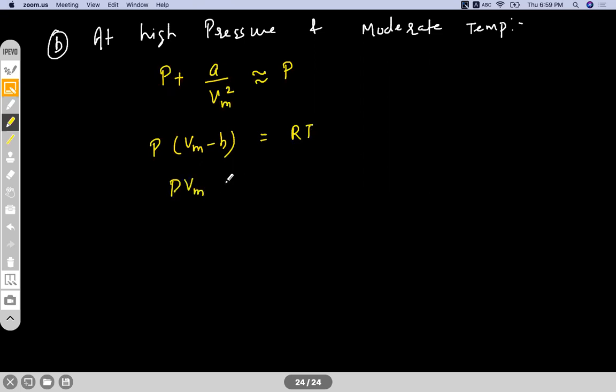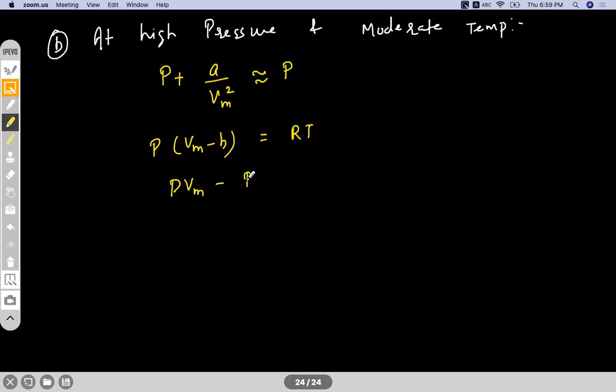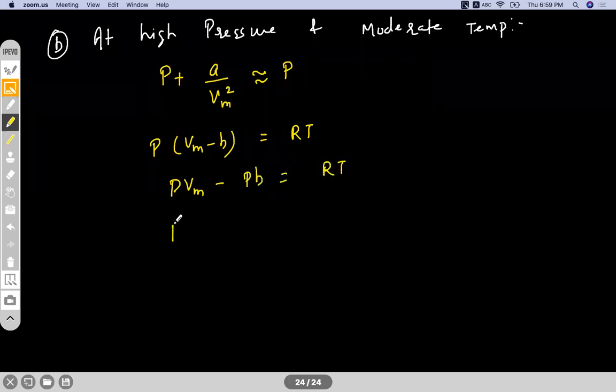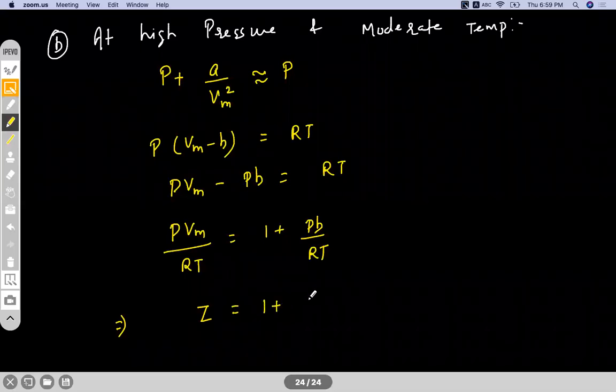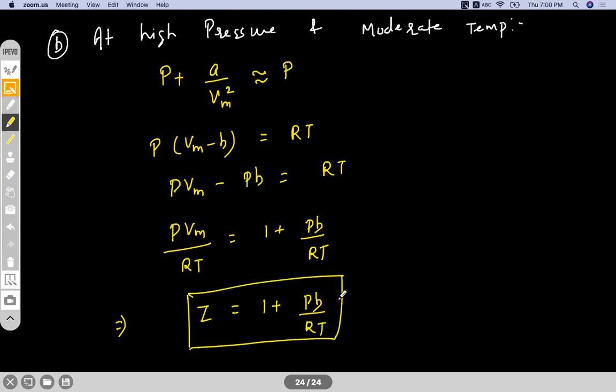PVm − Pb = RT. Divide by RT, so it is PVm/RT = 1 + Pb/RT. So the value of Z here is 1 + Pb/RT, and that is the value of Z we require.